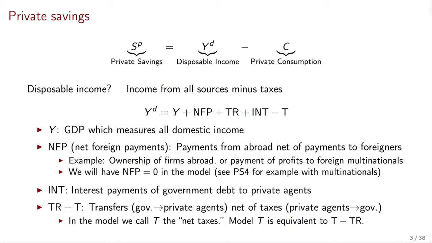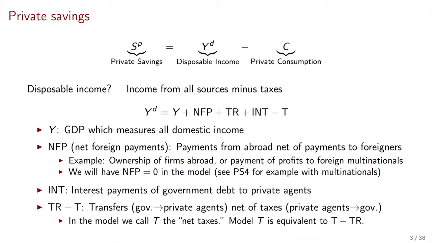Notice that in the models we've done so far, and actually in the models we're going to do going forward, we usually call just T as net taxes. So when in the model we talk of T, we're actually talking in the data of T minus transfers. Okay, that's just the opposite of net transfers. This is net taxes. All right.